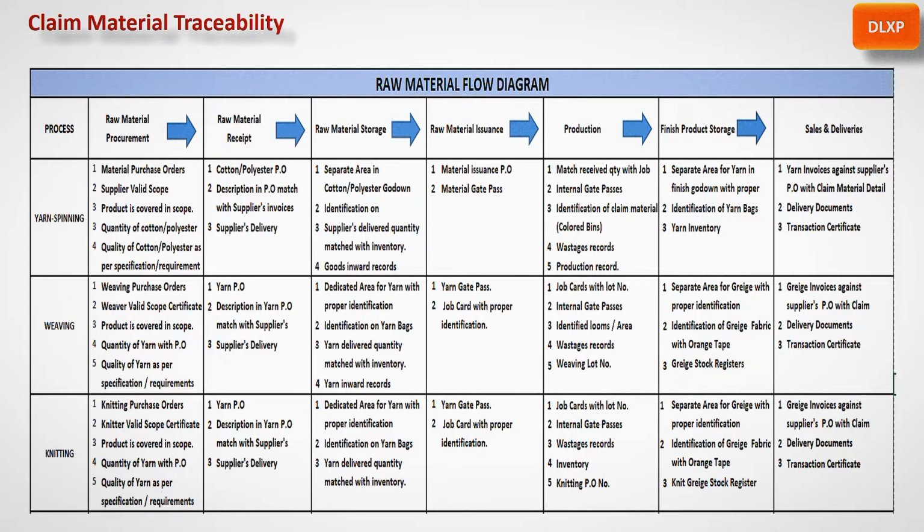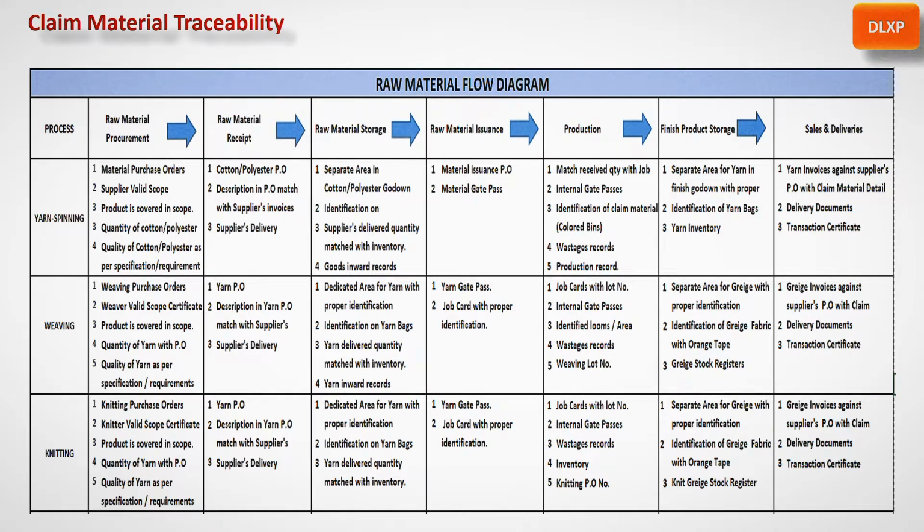So at the receiving stage, you should have a dedicated area in the godowns. Secondly, you should mention a properly identified lot number assigned to that lot, which can be easily traceable throughout this process.